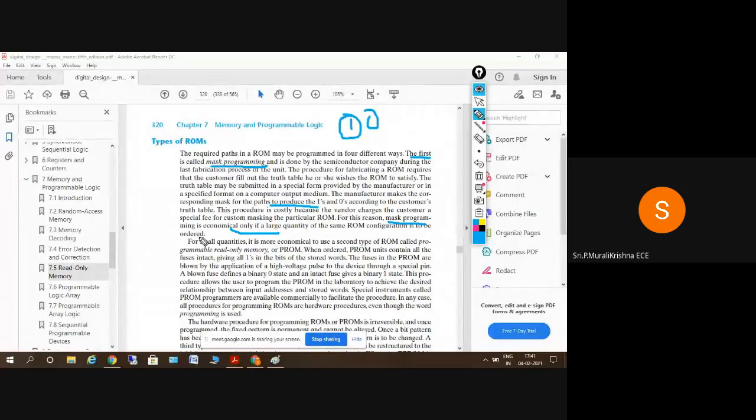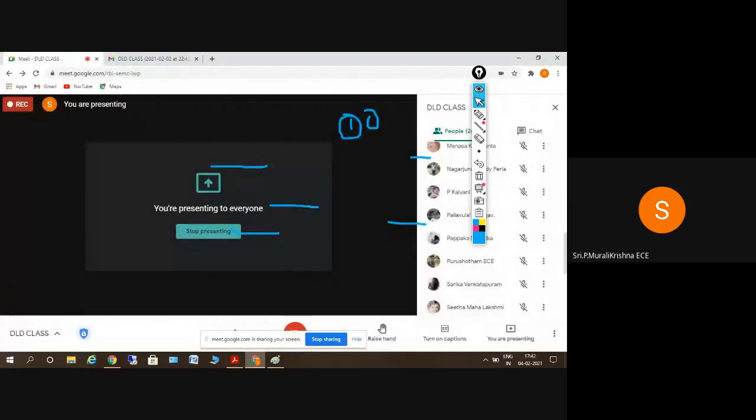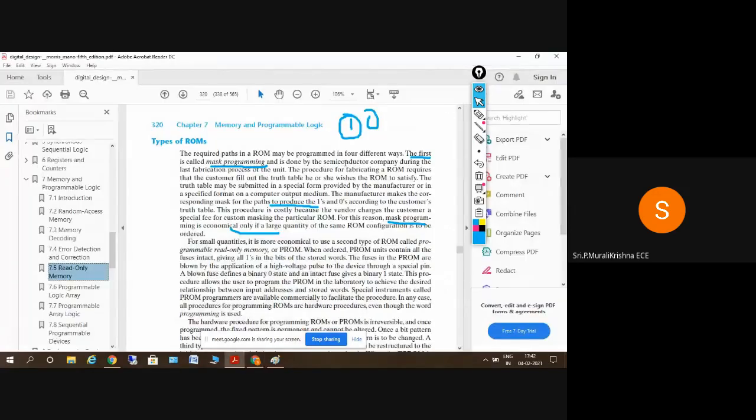So reduce the area, reduce the power, reduce the heat. We'll come across all these things when we come across circuits here.